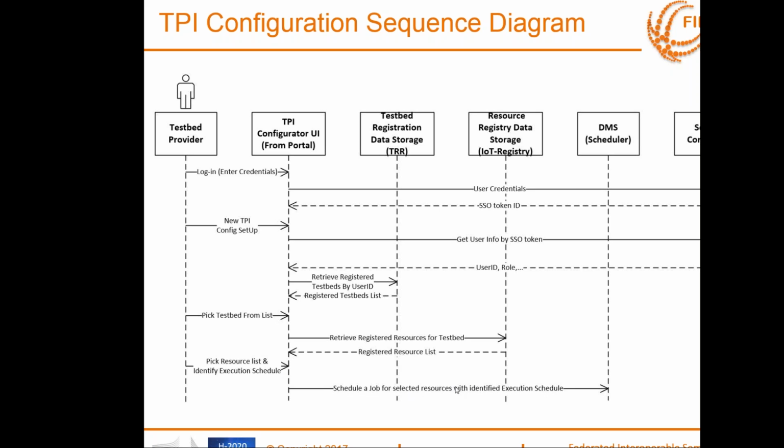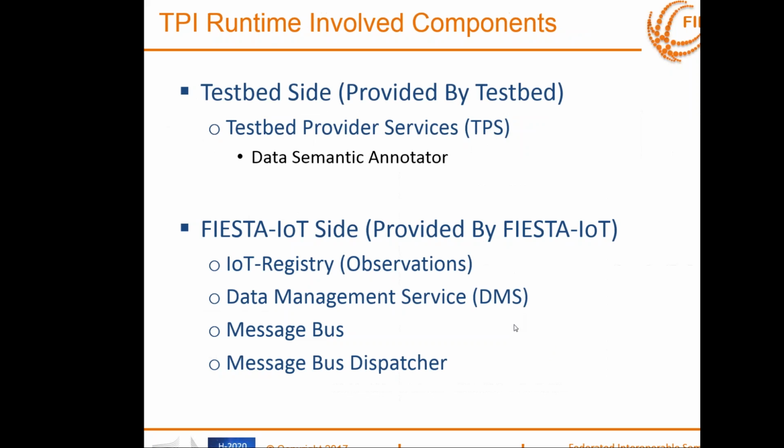You start a job and an execution schedule that is going to be executed at a fixed time period defined by you in order to retrieve your data, which is the procedure I'm going to describe in the next slide. So what happens after you have configured the TPI and the method to retrieve your data?